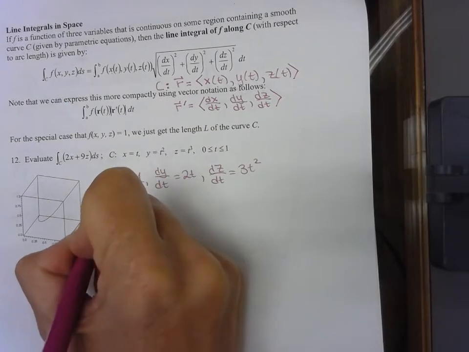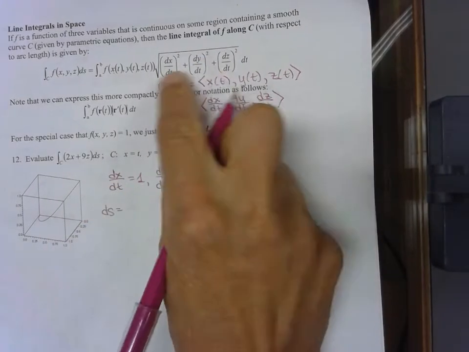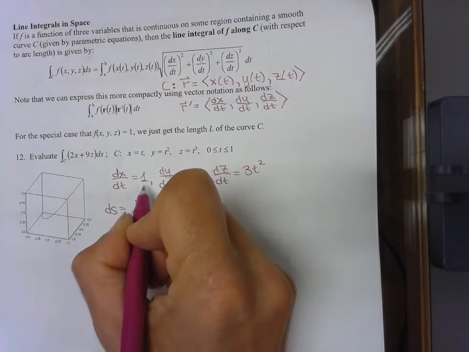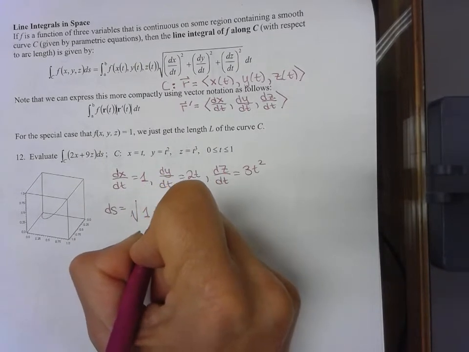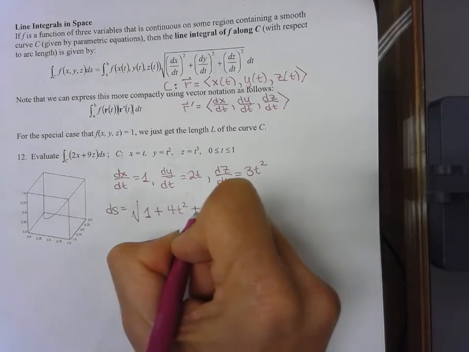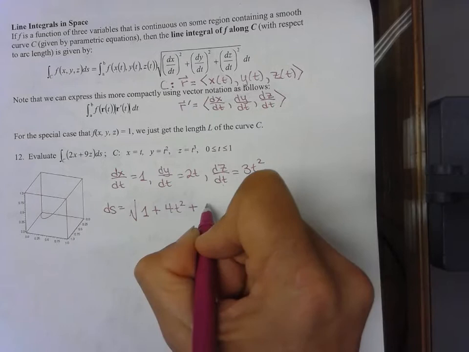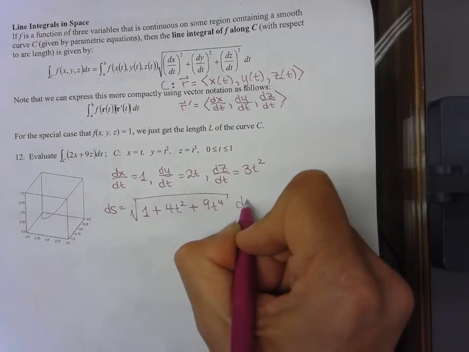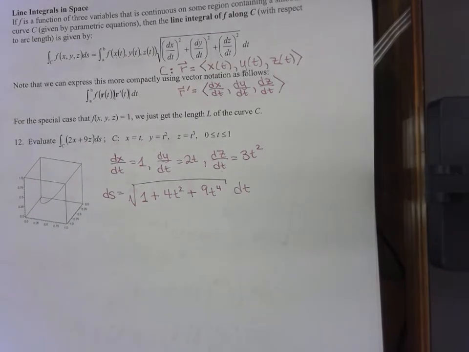So our ds is the square root of, so dx dt squared would just be 1, dy dt squared would be 4t squared, and dz dt squared would be 9t to the 4th, dt. And there's nothing we can do to simplify that. There's nothing they have in common.